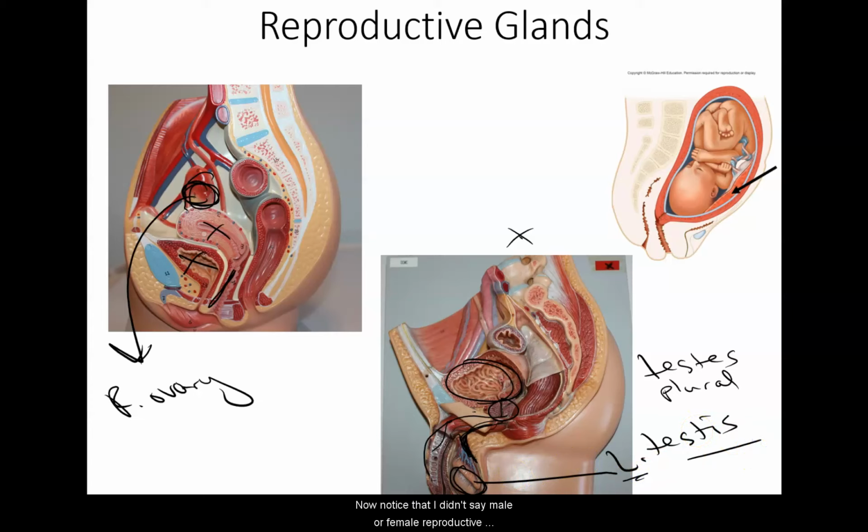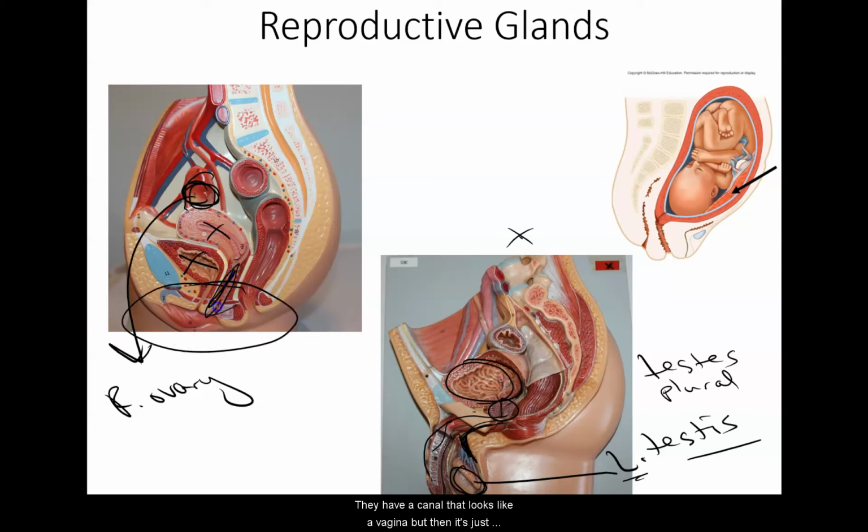Now notice that I didn't say male or female reproductive organs. You can have an individual who is genetically male, has a Y chromosome, but because of lack of testosterone during development, the individual ends up looking like they have external female reproductive organs.